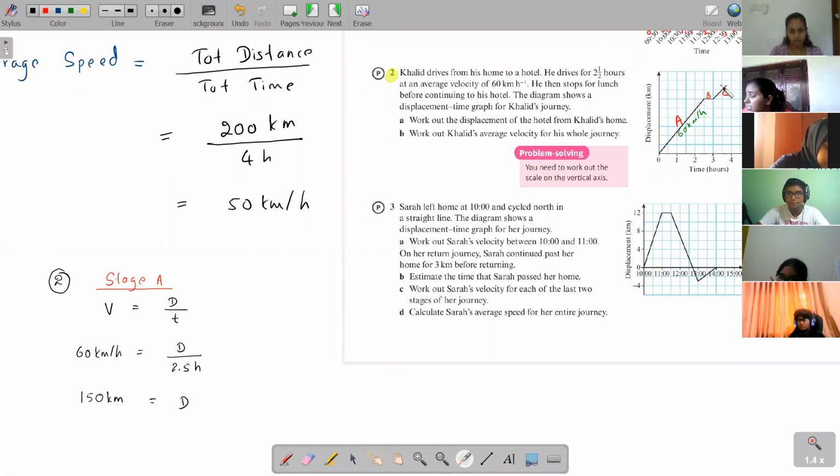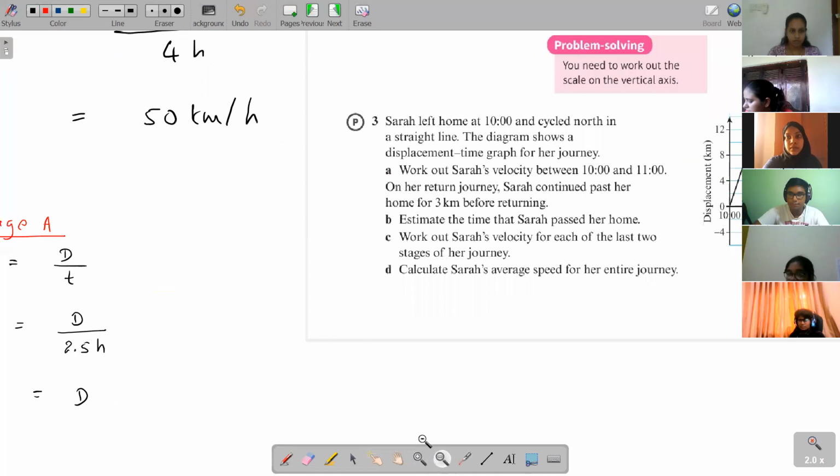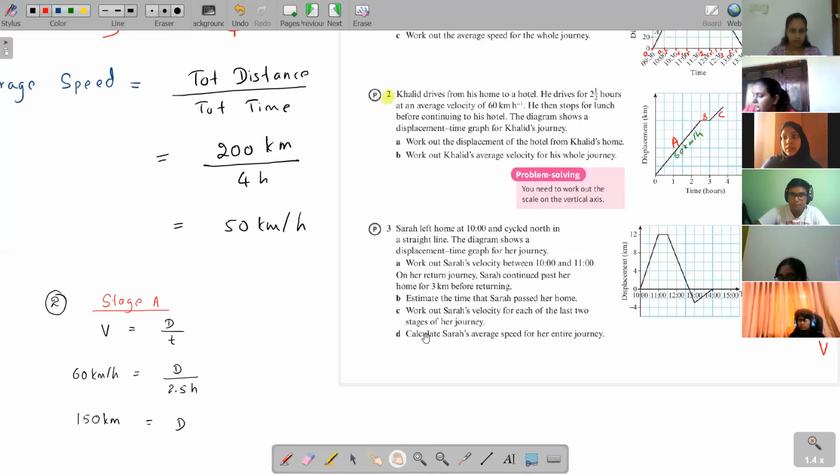You can see it's at the end of C. So if you say the answer is 150, you are wrong. So the 150 answer is wrong, Putala, because I saw that was one of the answers on the chat. 150 is the displacement at the end of stretch A.